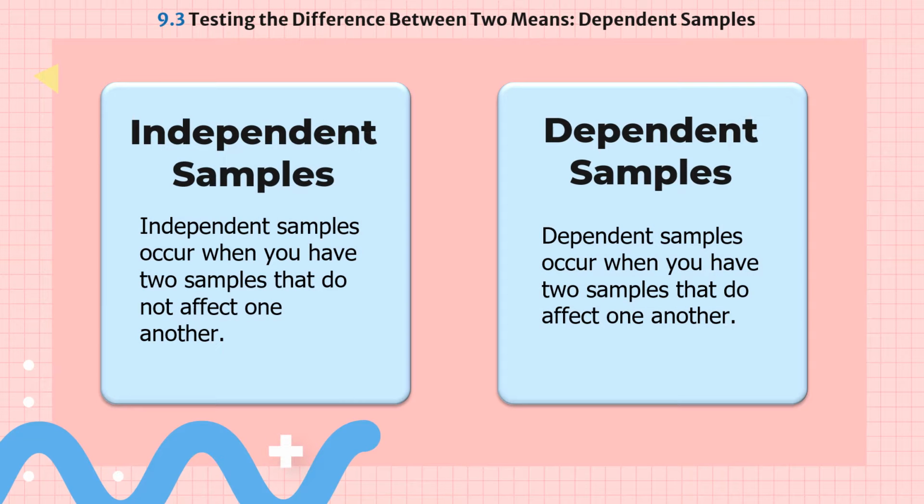What is the difference between independent samples and dependent samples? Independent samples occur when you have two samples that do not affect one another. On the other hand, the dependent samples occur when you have two samples that do affect one another.